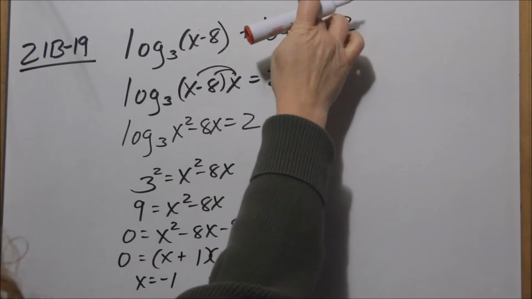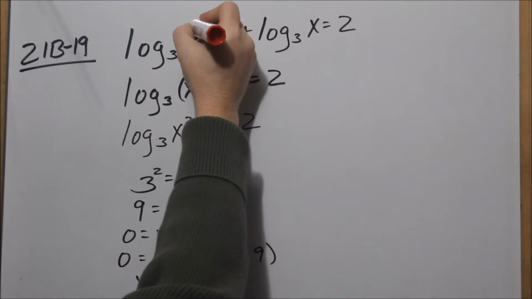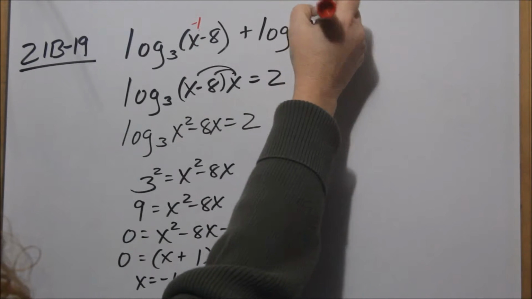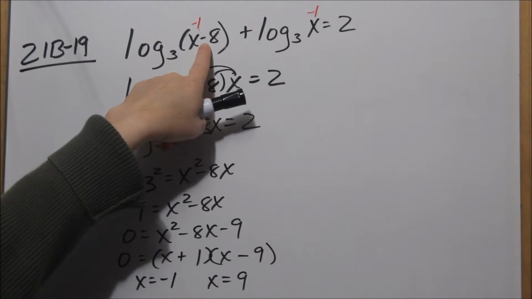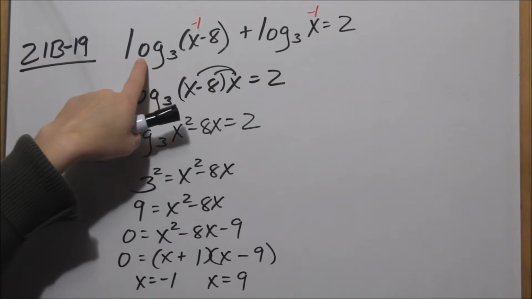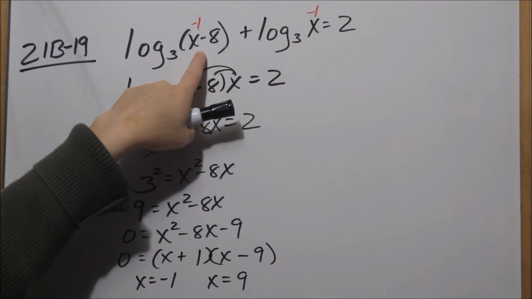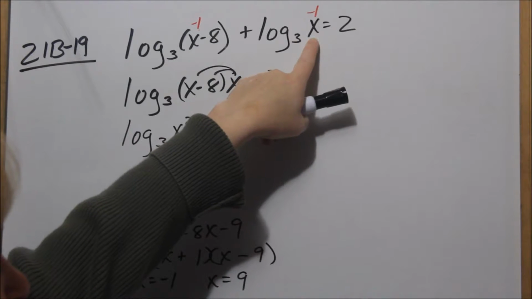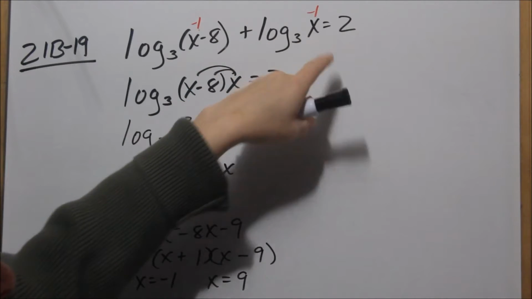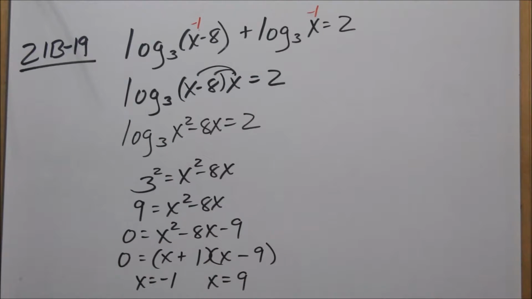Okay, if you were to put a negative 1 here, negative 1 minus 8 would be a negative 9. You cannot take the log of a negative number. Here, same true. That would be negative 1. Log of negative 1. You cannot take the log of a negative number ever. Okay? If you try that in your calculator, you will get an error.